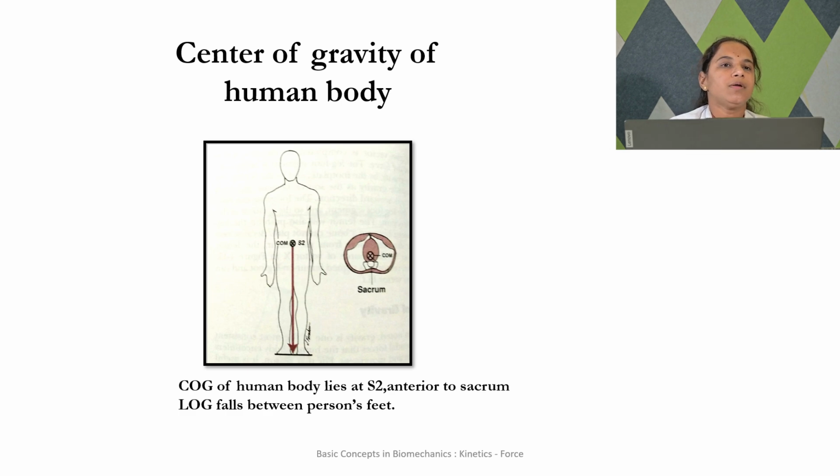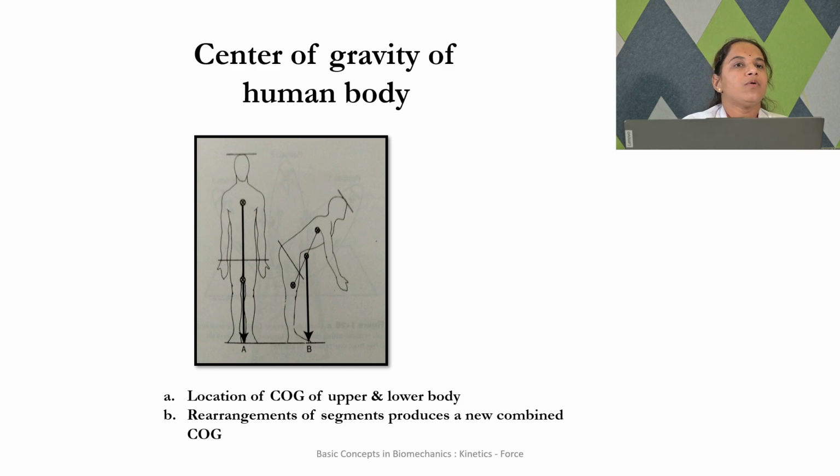You can see here the center of gravity is located at S2 when it is considered as a single rigid unit. Secondly, when the body is considered as upper half and lower half, there are two different centers of gravity. When the trunk is inclined forward, the center of gravity shifts outside the body and line of gravity falls beneath that.